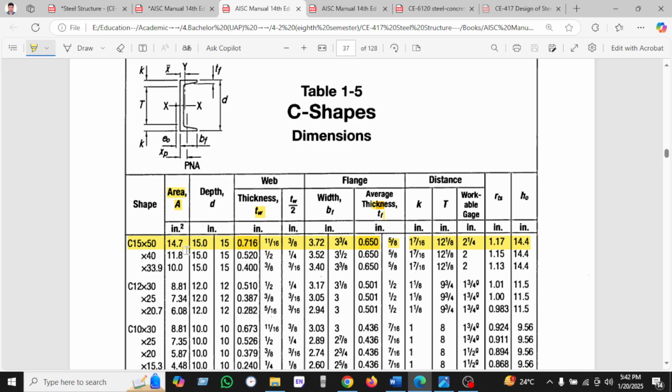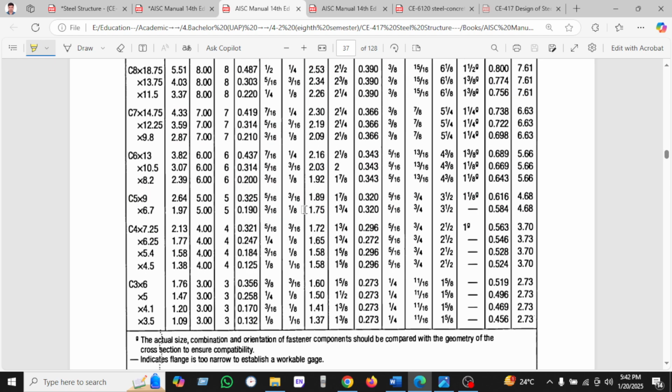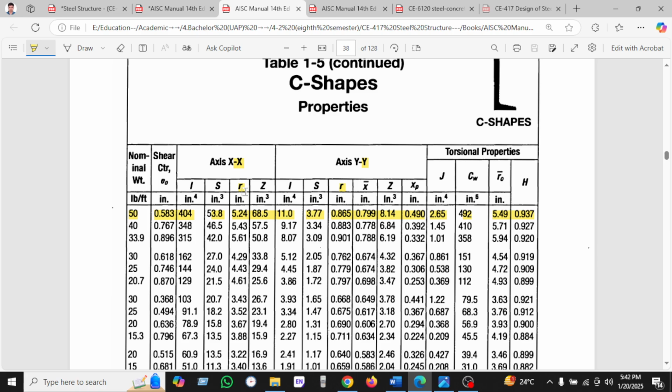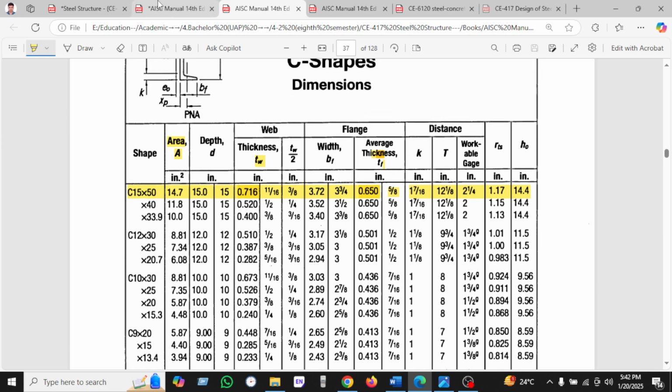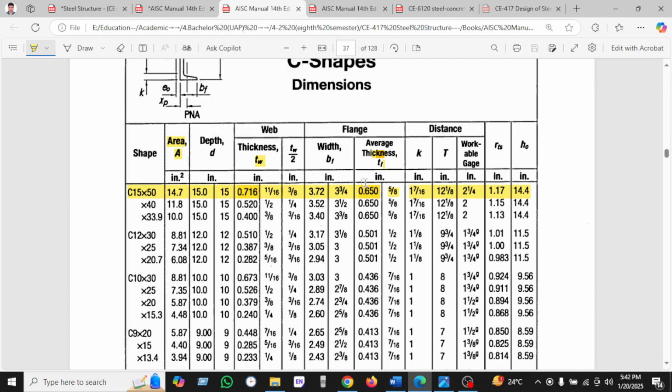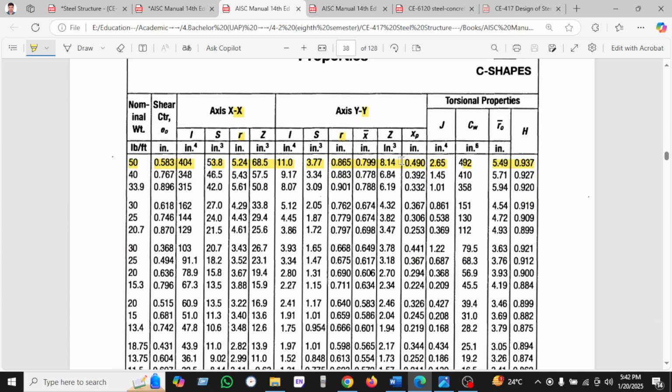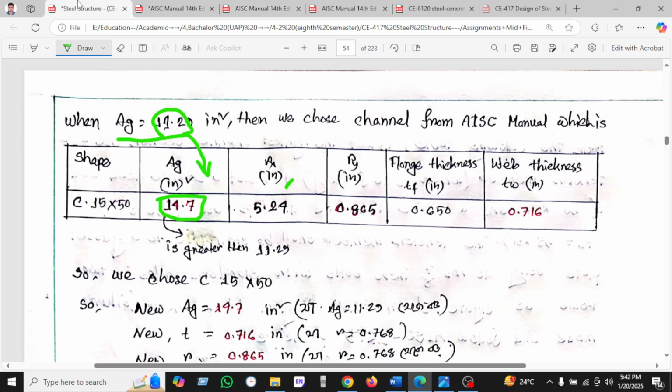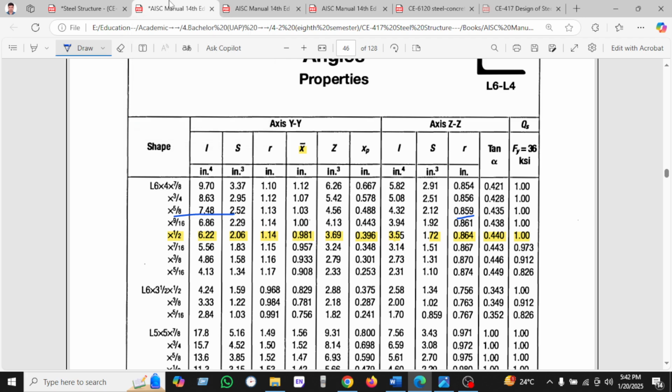Now we are getting all the parameters, which are web thickness and flange thickness, and in the second portion x bar and y bar we have also found. So we are taking rx 5.24. We are seeing here rx 5.24. We are taking ry from here, which is also 0.865.